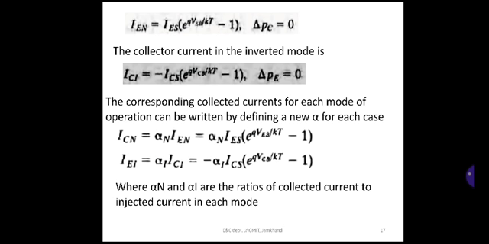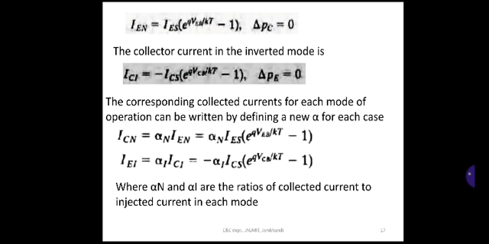So that is ICN equal to alpha n into IEN. That is equal to alpha n into, substituting the equation for IEN, IES into e to the power QVB by KT minus 1. Similarly, IEI equal to alpha I into ICI.